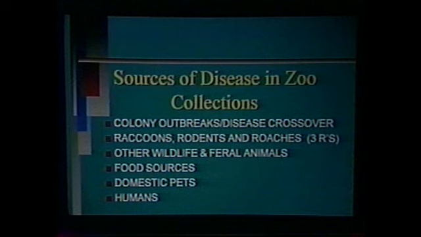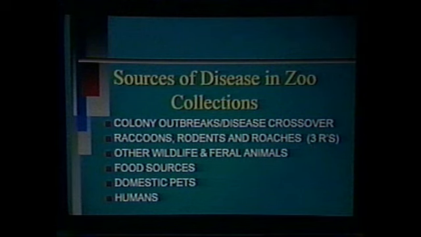Well, my orientation mainly is working with captive diseases, that is, diseases in a large zoo setting containing numerous taxa of animals. And I've outlined here basically the main sources of diseases that get from the outside to the inside of a zoo.